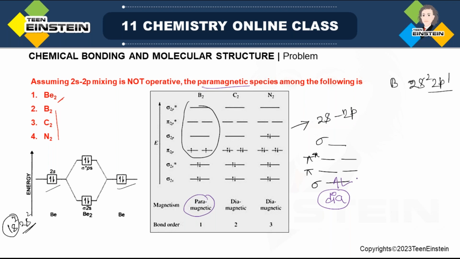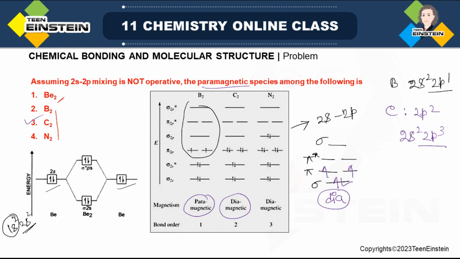Now consider C, which is 2s2 2p2. That means a total of 4 electrons for C2. These 4 electrons you will place like this, 2 already there. Now it is becoming para, unlike the previous case. So C2 should be the correct option. What about N2? In case of N2, it is 2s2 2p3.